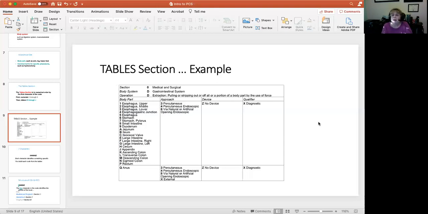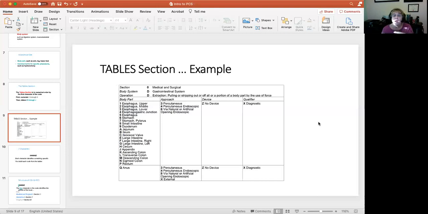Now, if you look at our table, our removal of a urinary device, you'll notice that in this whole table, you have Z as no qualifier. Now you might say, why didn't they just make these a 6-character code? That's because the Z code is what's known as a placeholder.